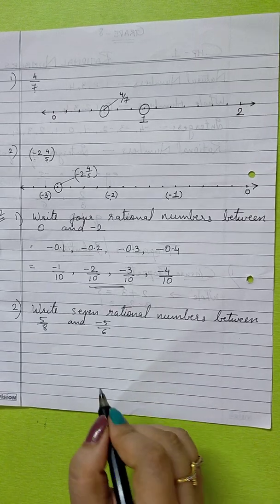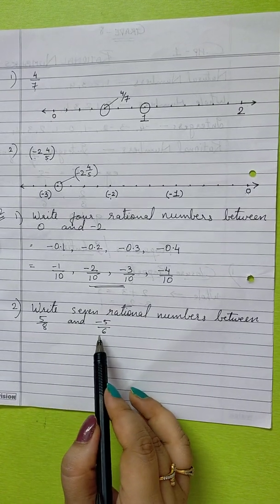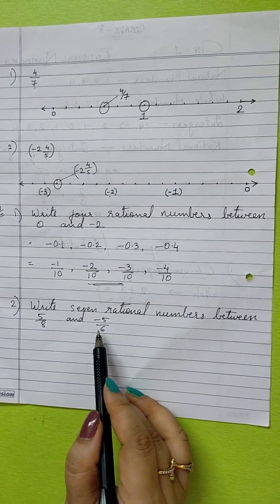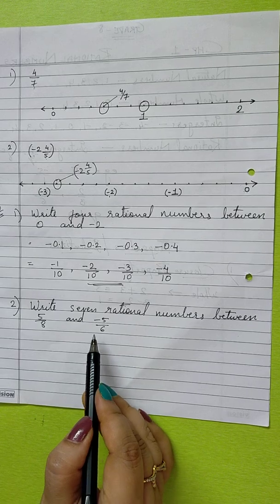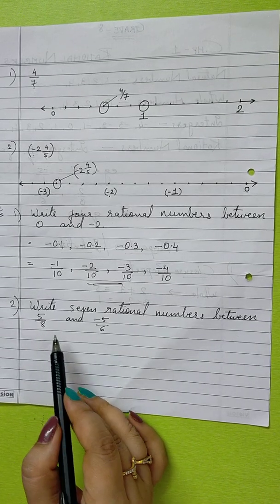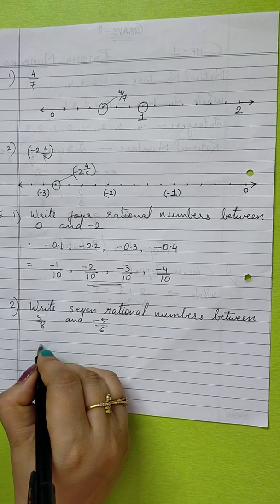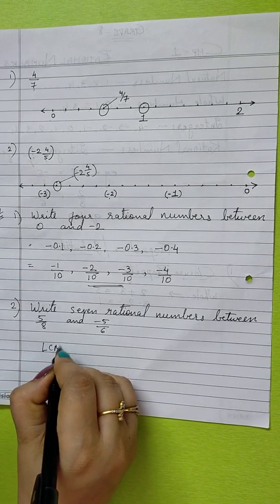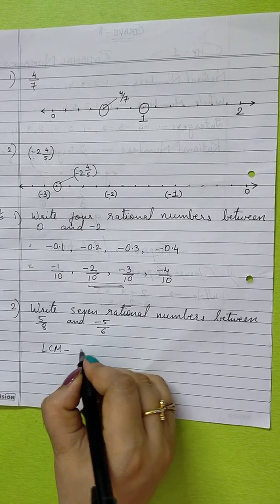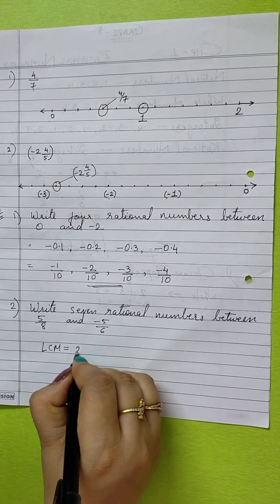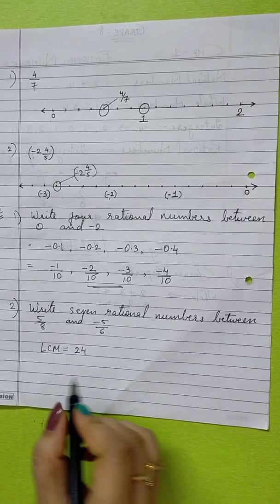Here you see in our question the given numbers are rational numbers. So first of all we have to make the denominators same. For making the denominators same we have to take the LCM. What will be the LCM of 8 and 6? The LCM of 8 and 6 will be 24.